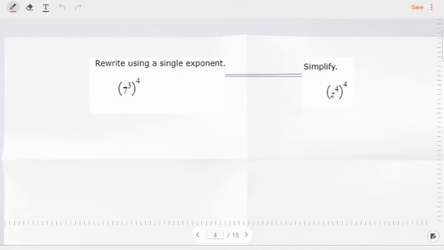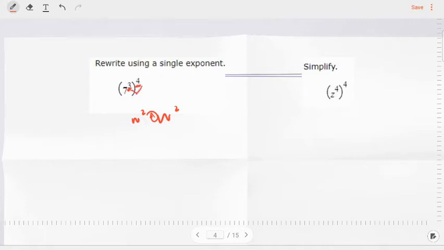Let's look at another type of problem. So on the last problem, I had a multiplication, like I had w to the second times w to the second. On this problem, notice there's no multiplication. I just have these parentheses and an extra exponent, no extra base. When that is the case, what we have is a power that's being raised to a power.